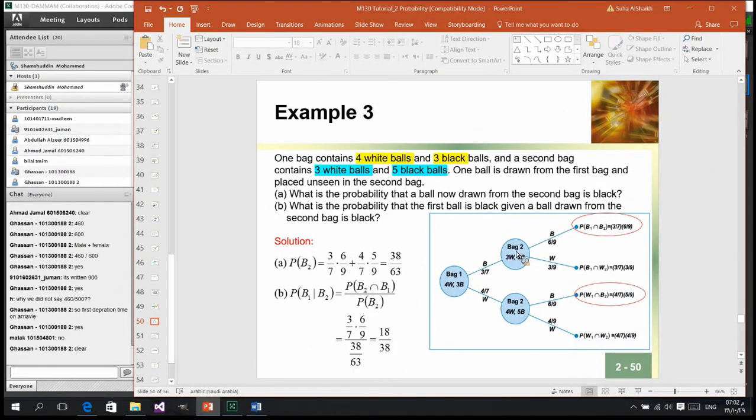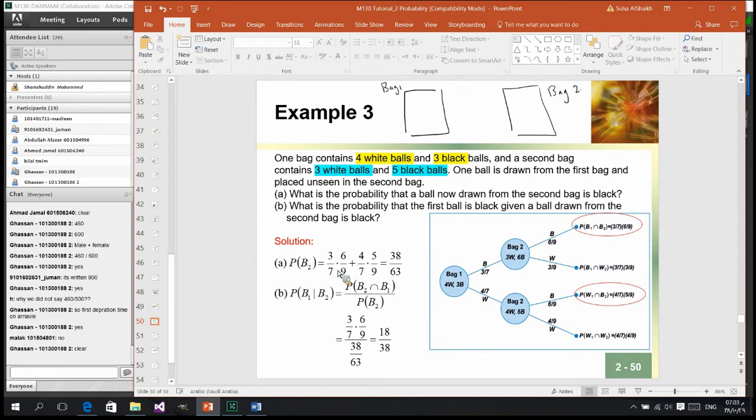Now pay attention to this example. I have 2 bags here: bag 1 and bag 2.